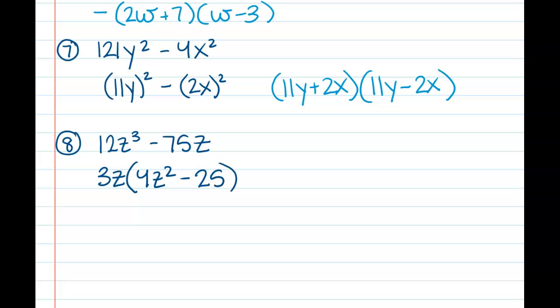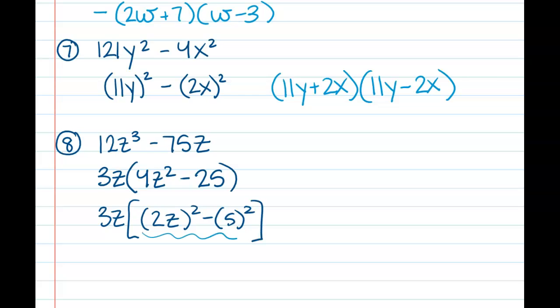That looks like something I can work with, because I can rewrite 4z squared as 2z in parentheses squared, and then 5 squared. So this is 3z times 2z squared minus 5 squared. So we have a difference of squares in here. I can write this as 3z, because that has to stay, times 2z plus 5 times 2z minus 5.